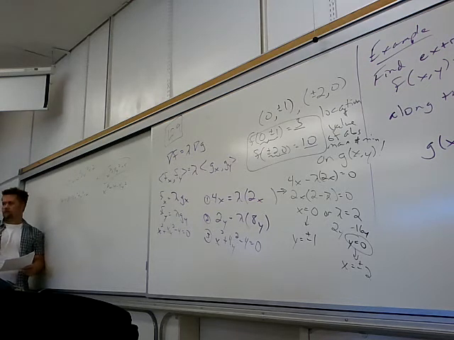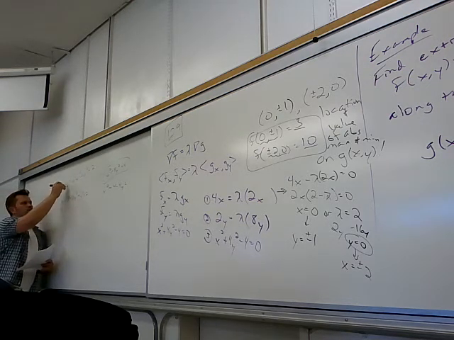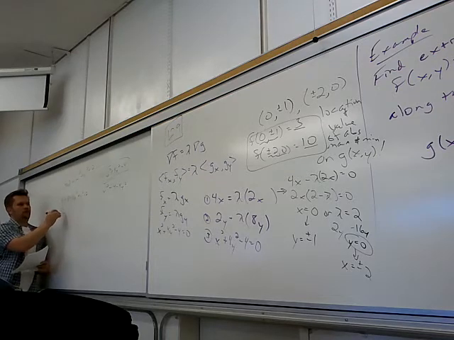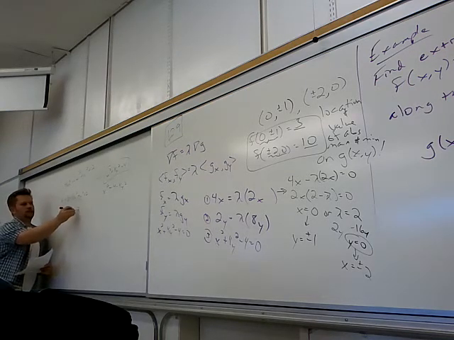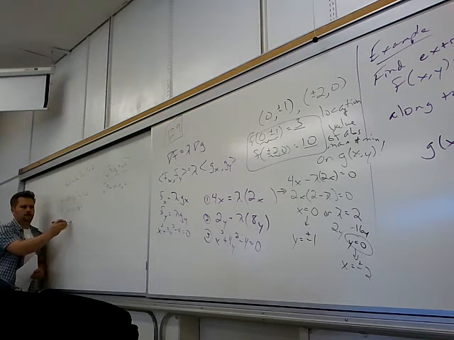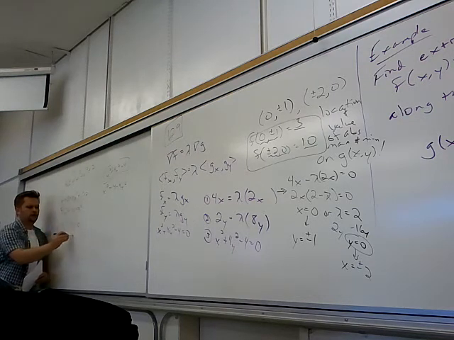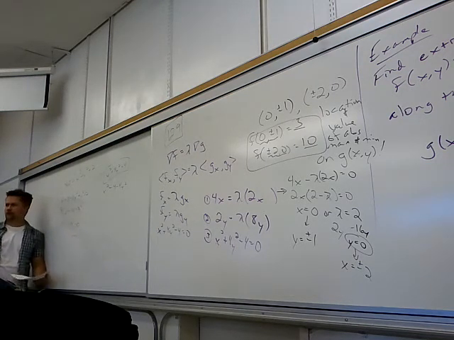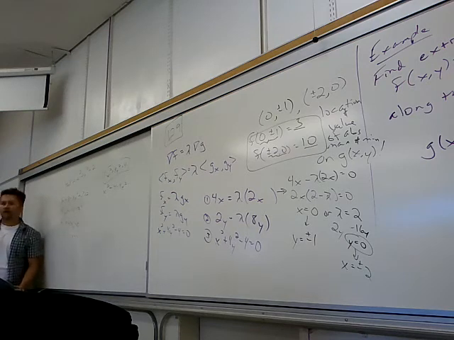So this was f of x, y. Now I've effectively made it f of y: 10 minus 7y squared. So now it's one variable. f prime equals negative 14y. If I set that equal to 0, I get y equals 0, which will lead to the same things we got before. But what about my other points?